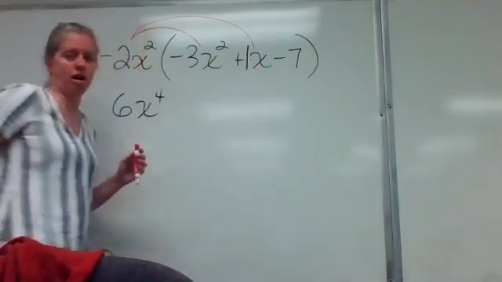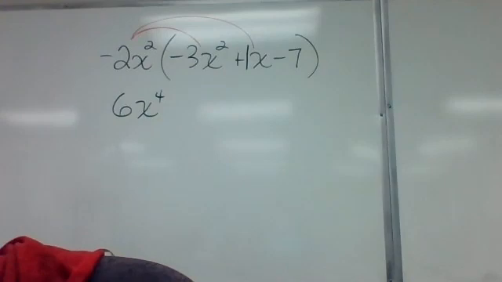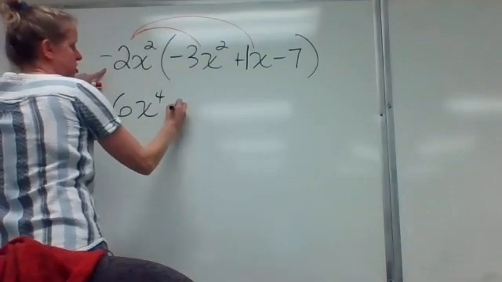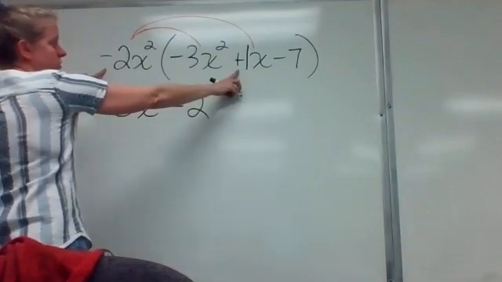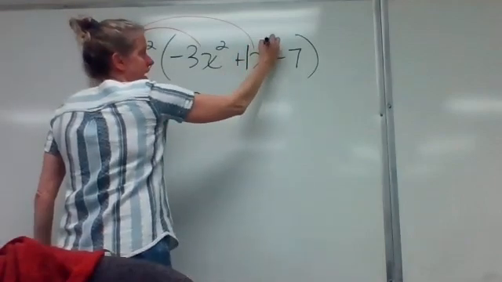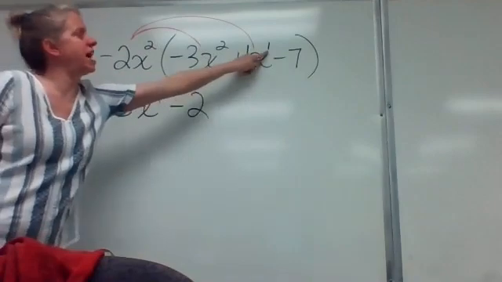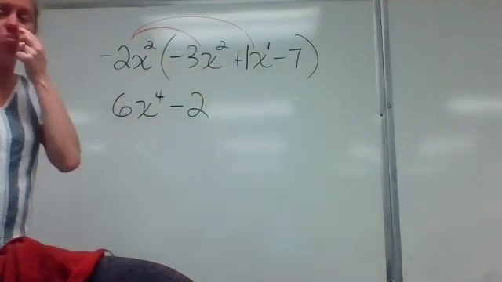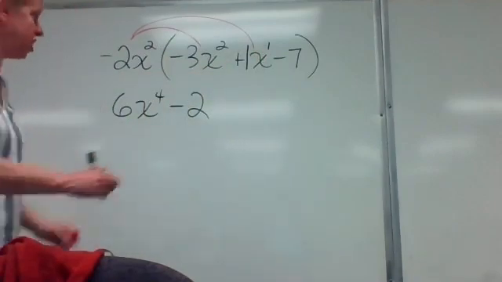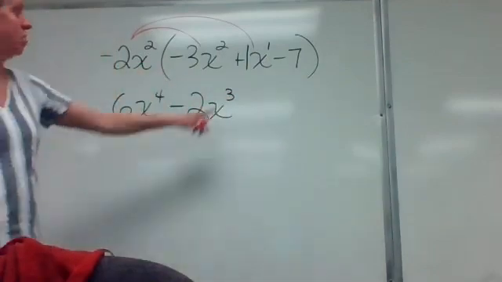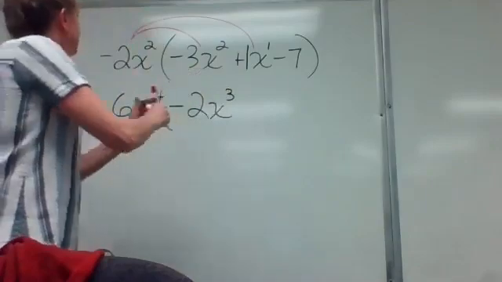It's a positive 1. So I've got negative 2 times positive 1, which just gives me negative 2. And don't forget, that has an exponent that's a 1 there. So x squared times x to the first, if I add those exponents, I get x to the third. So I'm done with the 1x.